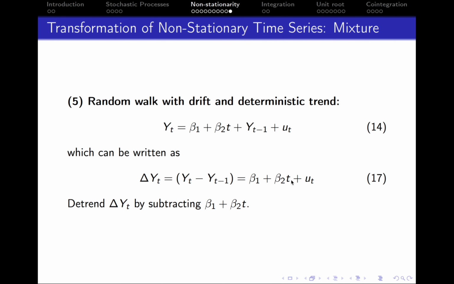However, it still has this deterministic non-stationarity. So in the second step, we take beta 1 plus beta 2t and subtract it from delta yt. We detrend delta yt by subtracting beta 1 plus beta 2t, and in this case, we will get a stationary process.